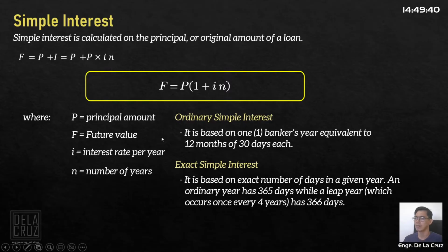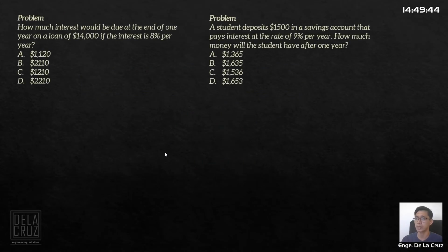Sige. So, let's have our first examples. First two examples, simplihan lang muna natin. How much interest would be due at the end of 1 year on a loan of $14,000 if the interest is 8% per year? Assume na lang natin na simple interest kasi nasa simple interest topic pa tayo. Interest yung gusto nating makuha, yung tubo.